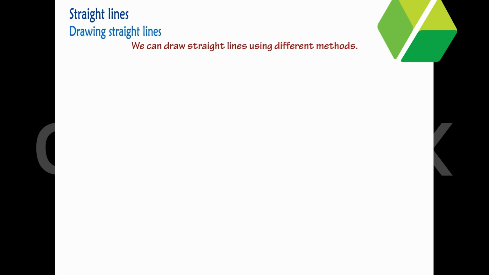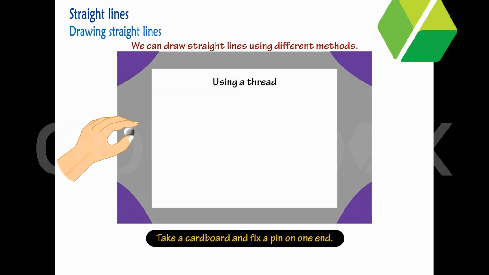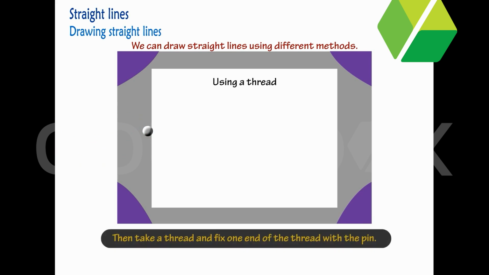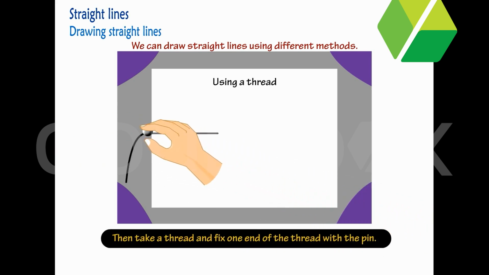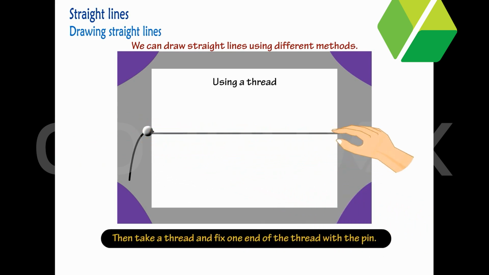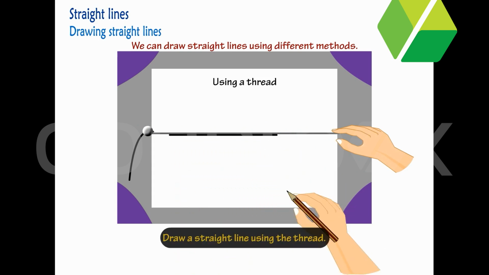We can draw straight lines using different methods. Using a thread. Take a cardboard and fix a pin on one end. Then take a thread and fix one end of the thread with the pin. Draw a straight line using the thread.